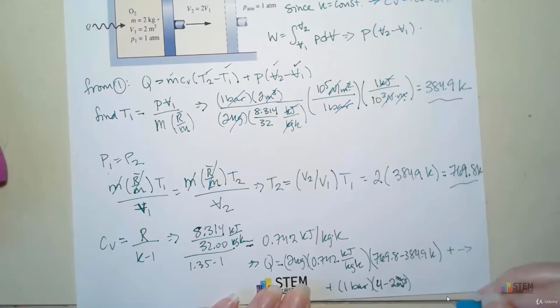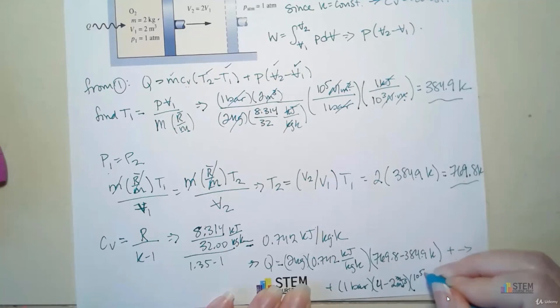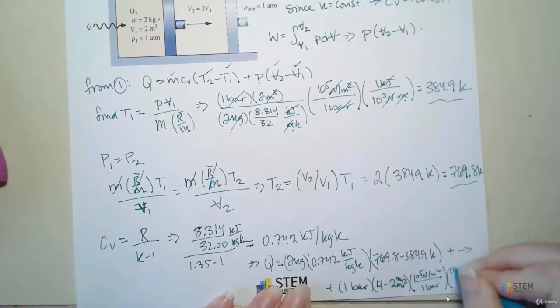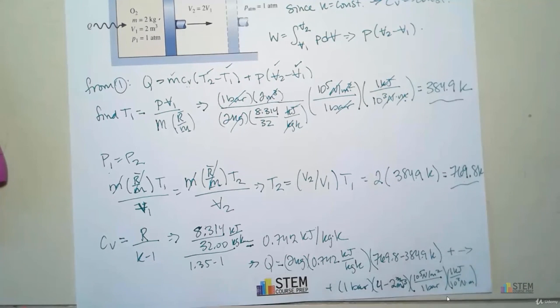Alright, so now we got that. Notice the units, we've got bar right here. We don't have bar anywhere over here, so we need to convert over to kilojoules. So you're going to have to do your 10 to the 5th Newton per square meter per 1 bar. Multiply that by 1 kilojoule per 10 to the 3 Newton meters. Okay.